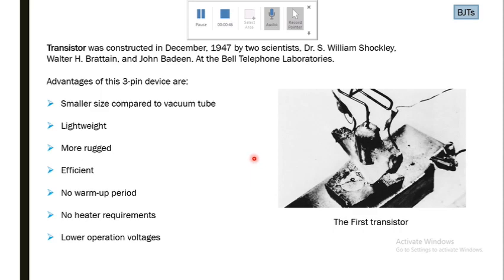The disadvantages of vacuum tubes were that they were bulky, larger in size, needed higher operating voltages, and higher power was required to operate them.